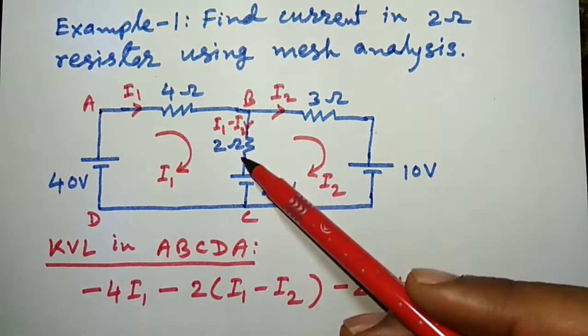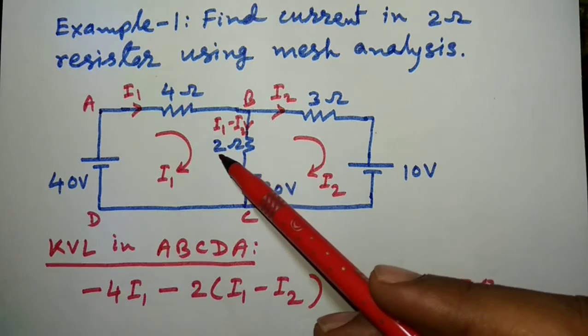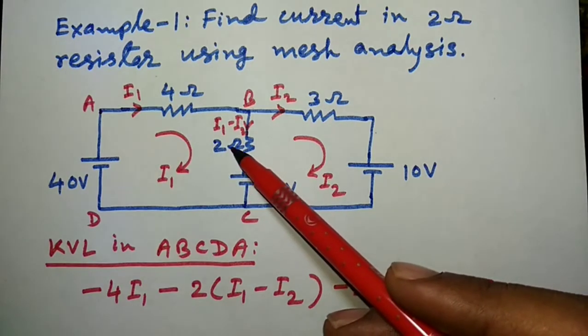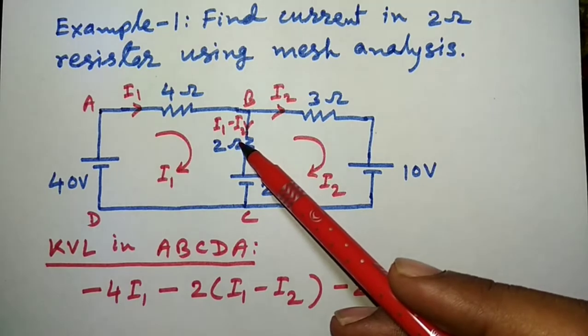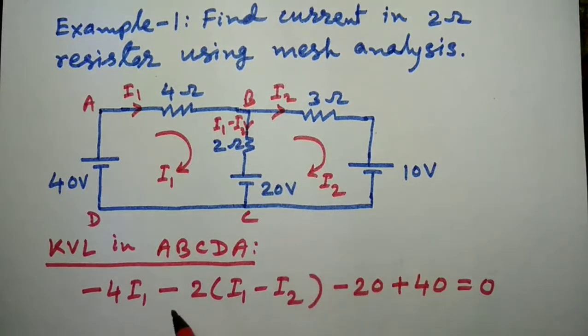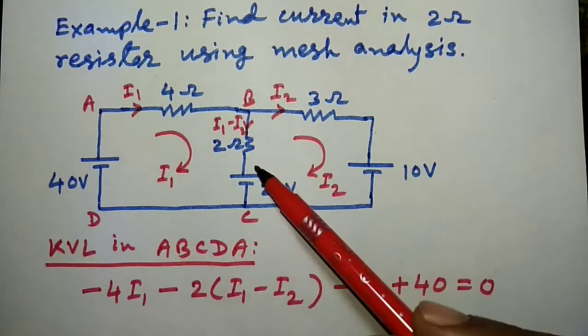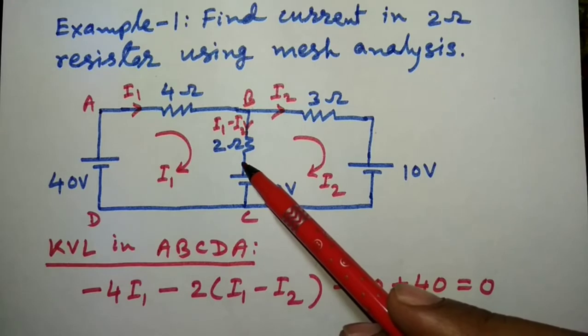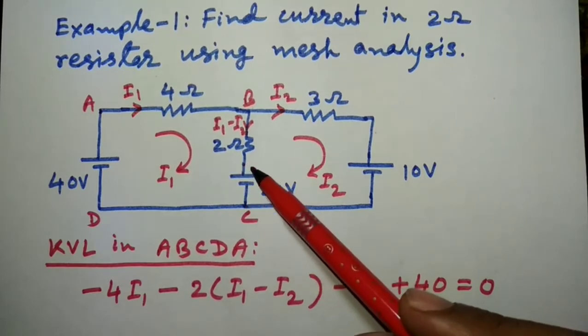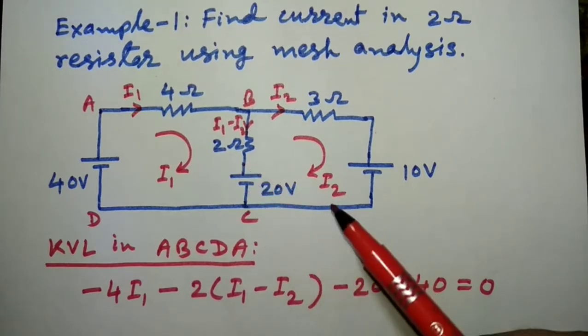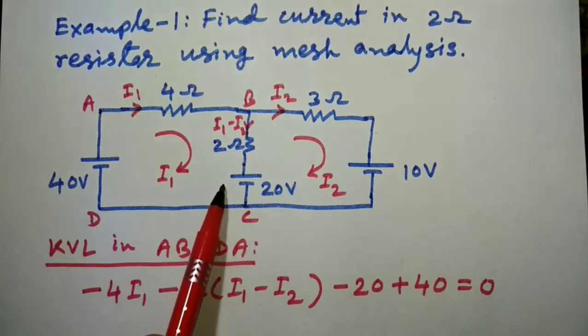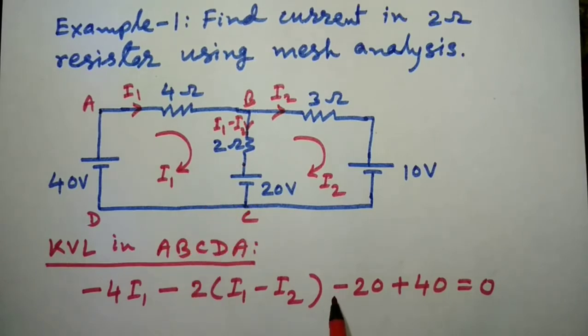Now from B downward, the resistance is 2 ohms and the current is I1 minus I2. Again there will be a drop in potential, so minus 2(I1 minus I2). Now to C through the 20 volt source, we are going from positive terminal to negative terminal, so it is minus.